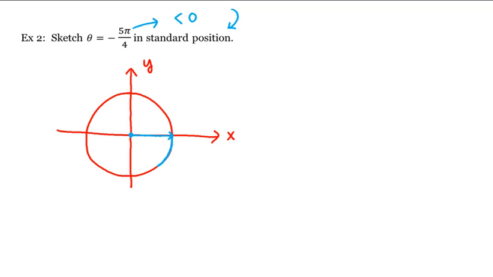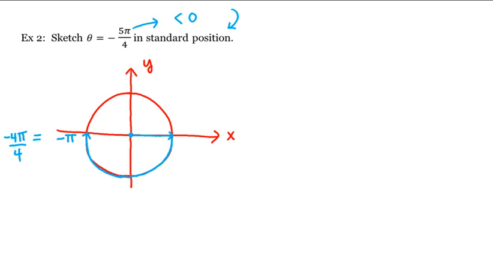So remember that 1/2 of a rotation measures negative pi radians in the clockwise direction. And how many fourths is negative pi? Isn't that negative 4 pi fourths? Which means we need to keep going.